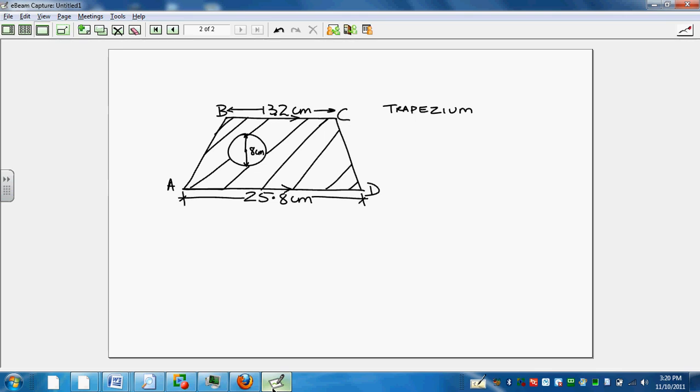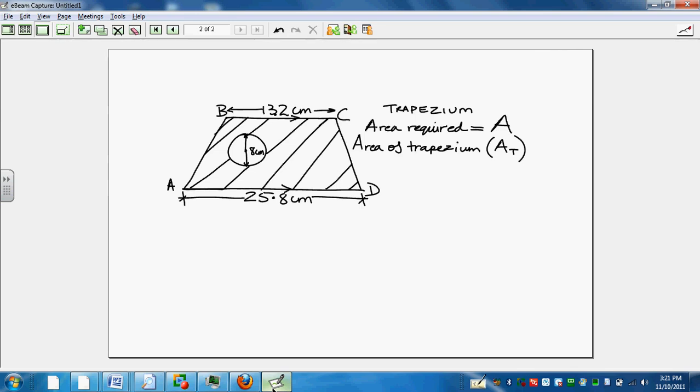Now the area of a trapezium, so if you write area required, the area required could be found by saying the area of the trapezium. Let's call the area required A. Let's call the area of the trapezium AT, right?